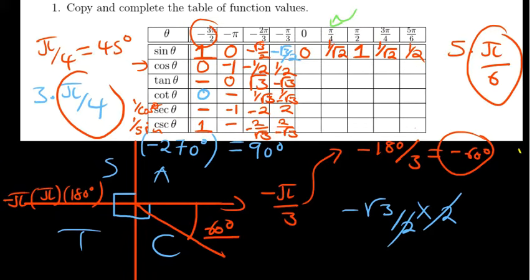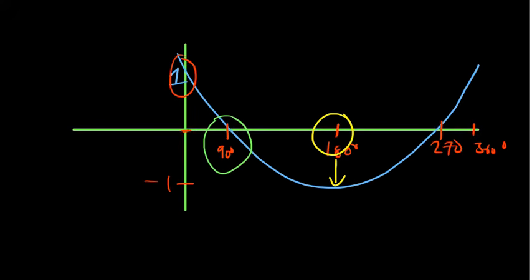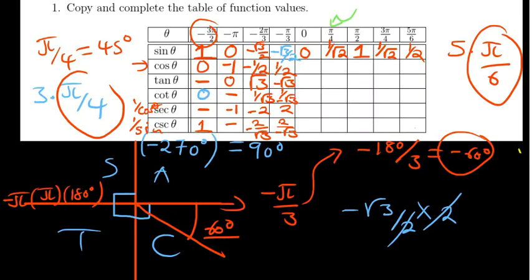Cosine 0, the cosine graph I said starts at 1, so cosine 0 is equal to 1. Tangent is going to be sine over cosine, so 0 divided by 1 is 0. Cotangent is 1 over 0, or 1 over tangent, which in this case would be undefined.